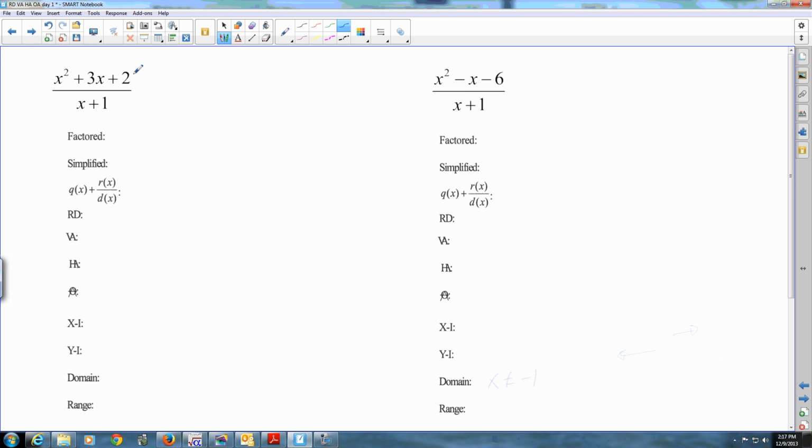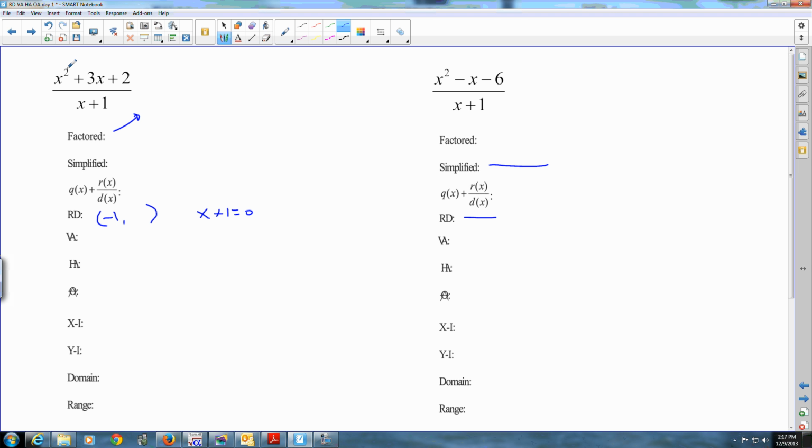To recap, first thing you do is factor and see if anything cancels. If something cancels, then write it in. If you want, as soon as something cancels, set what canceled equal to 0 and solve. That gave you the x value of the hole. If when you factor it, nothing simplifies, this is as good as it gets, then you do not have any holes.